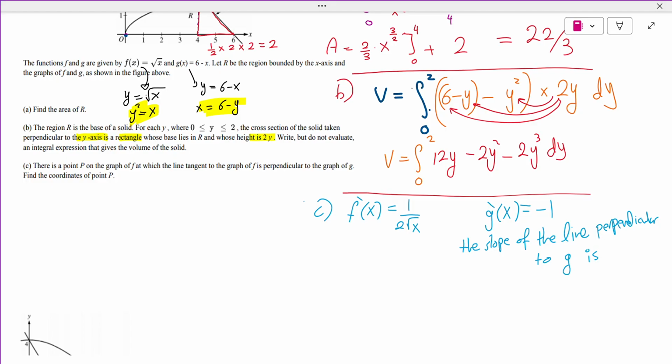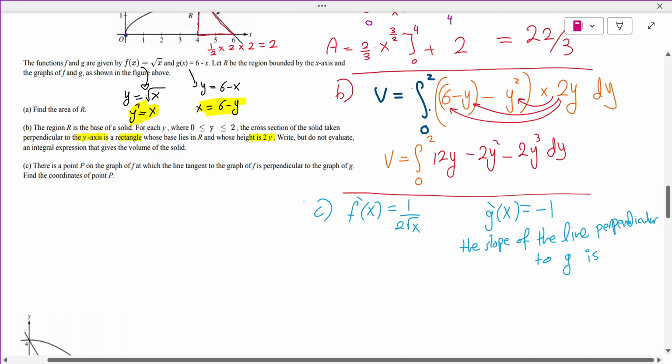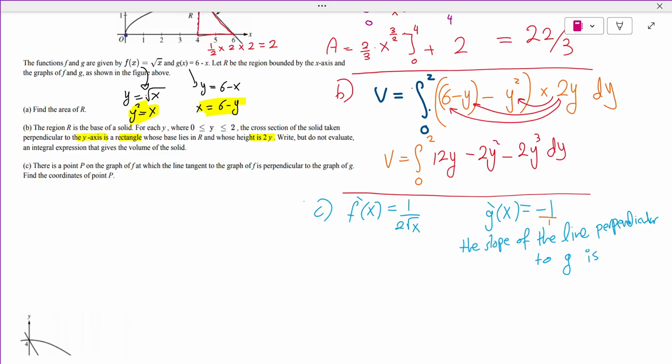So we must flip the slope and change the sign. Here, this slope has a denominator of negative 1 over 1. Now, when you flip and change the sign, it will be 1. So there is a point B on the graph of f at which the line tangent to f is perpendicular to g.